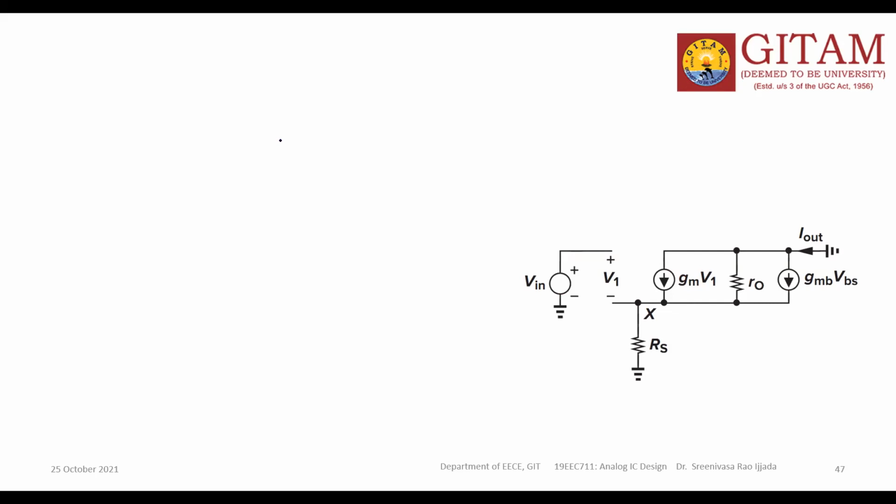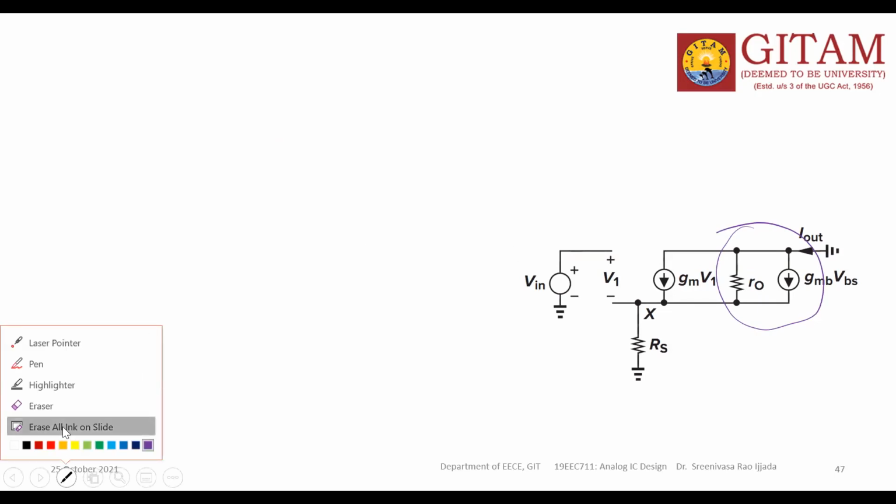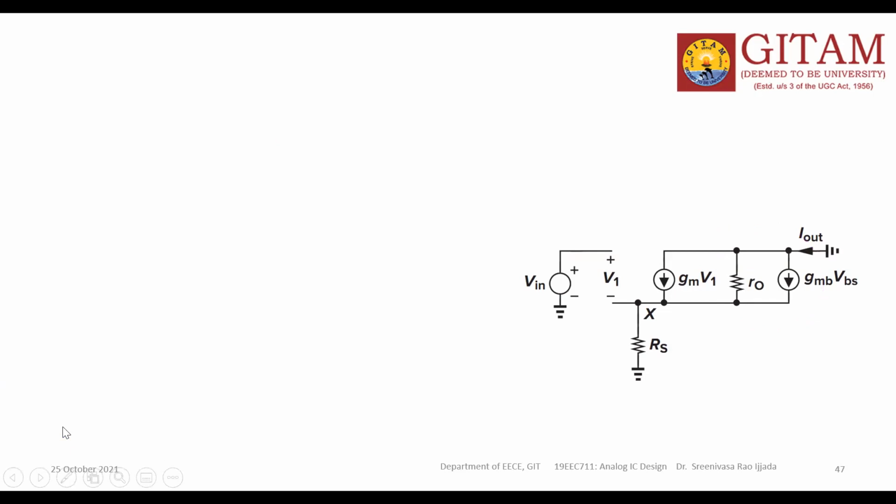The same circuit, but earlier these two were not there. These two were omitted for the most simplified form. Now these two are added. So what happens with body bias and channel length modulation?